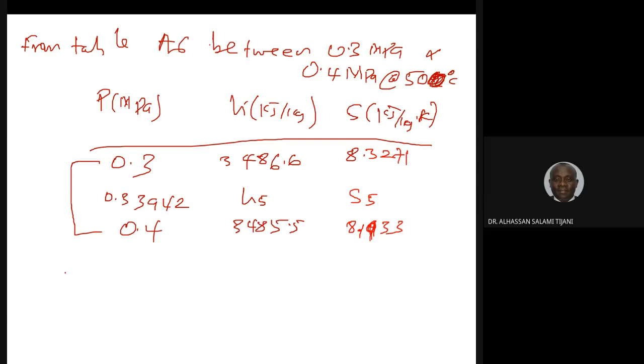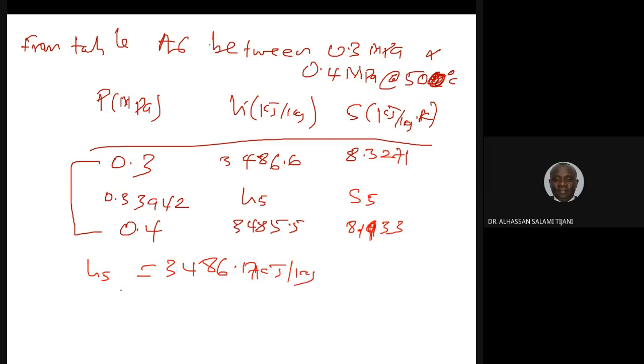I would not like to waste my time. I'll just say that if you calculate between the enthalpies, we'll have H5 equals 3486.17 kilojoules per kilogram.